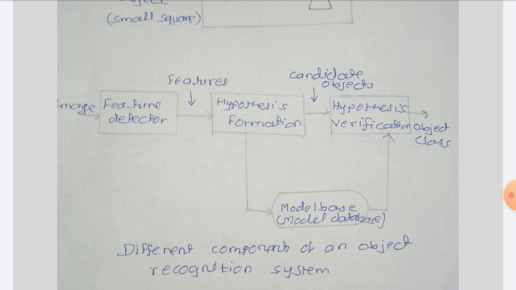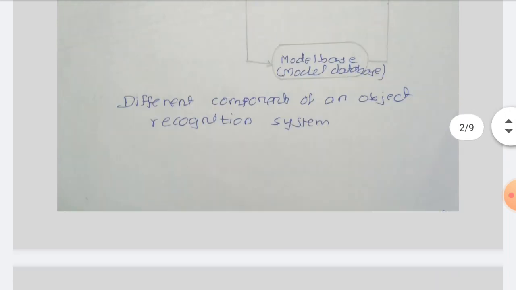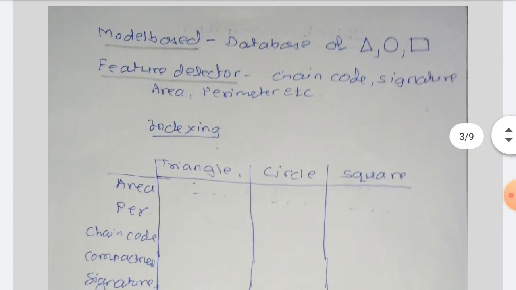The feature detector applies operators to images and identifies locations of features that help in forming object hypotheses. The features used by a system depend on the type of object to be recognized and the organization of the model database.